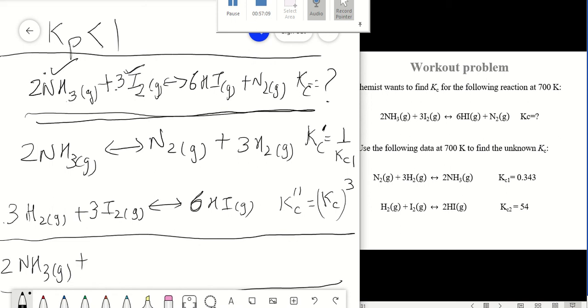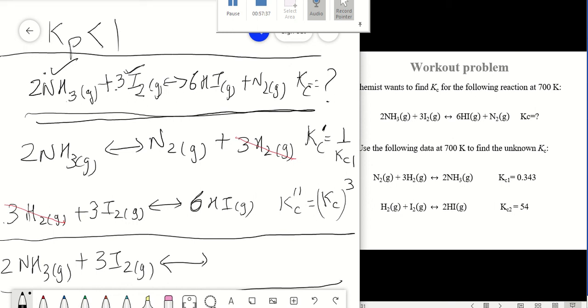Are there any hydrogen involved anywhere else? Yes, I see 3 hydrogen in products as well. So what will happen to my hydrogen? It's being used up and it's being produced, so they cancel out. Perfect. Now I move to the next reactant, which is iodine. Do I see iodine anywhere else? No. So that would be 3I2 gas. All my reactants are done, so there goes my arrow.